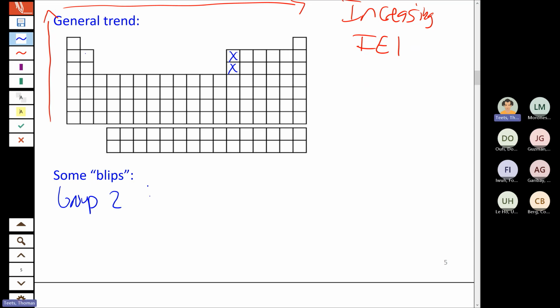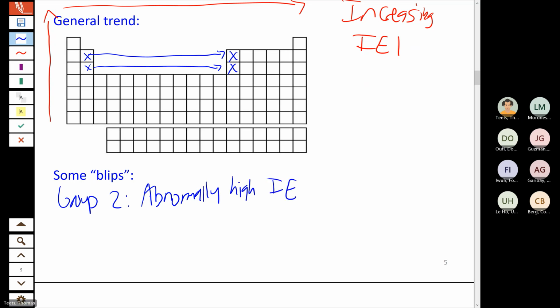So as you go basically from group 2 to group 3, the group 2 elements have abnormally high ionization energies.